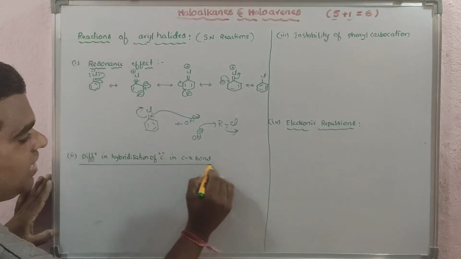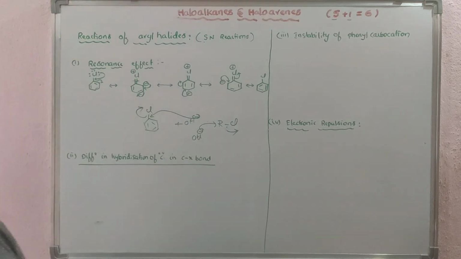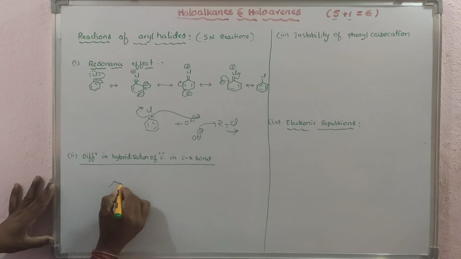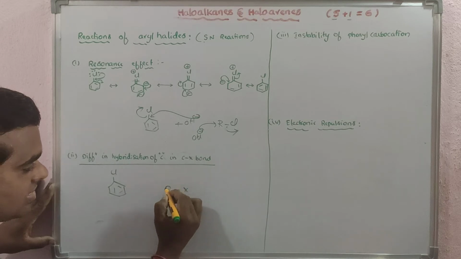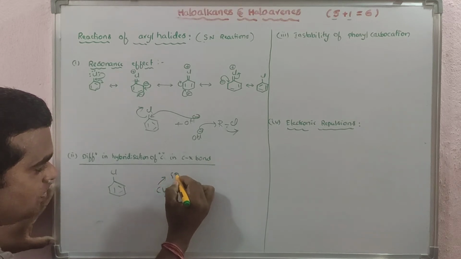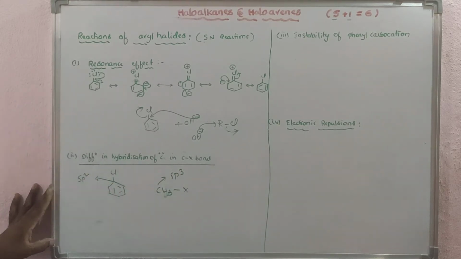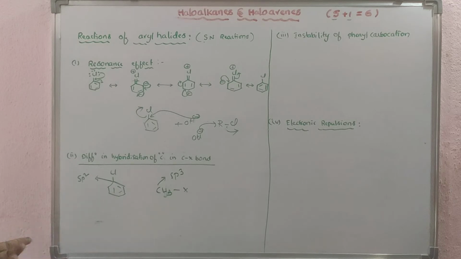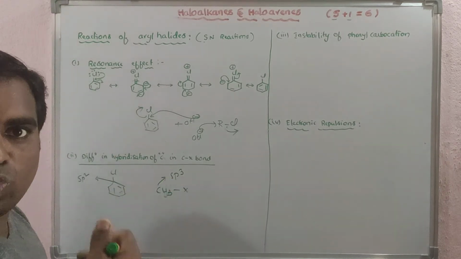Next one, difference in hybridization of carbon in the C-X bond. If you take alkyl halides and aryl halides, this is R-X. Suppose I take CH3, this carbon is sp3 hybridized, and the chlorine-attached carbon in the aryl halide is sp2. You know that as the s character increases, electronegativity increases.